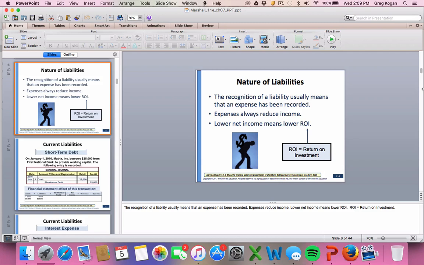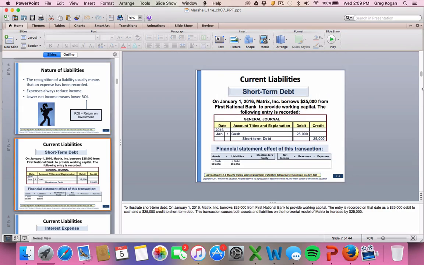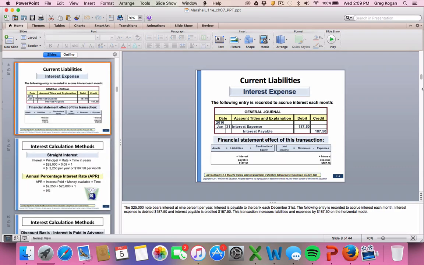It could be a current working capital play where you're improving your liquidity and able to finance short-term production. The journal entry would be you get cash, and on the other side a credit to liability. This increases your cash and your liabilities, and you might put that cash to work.